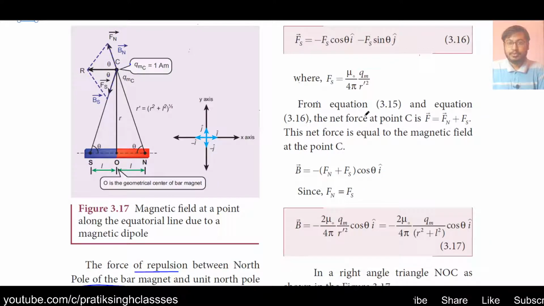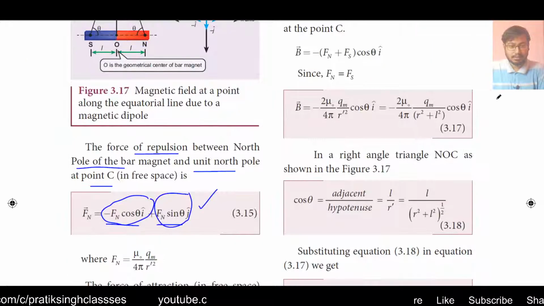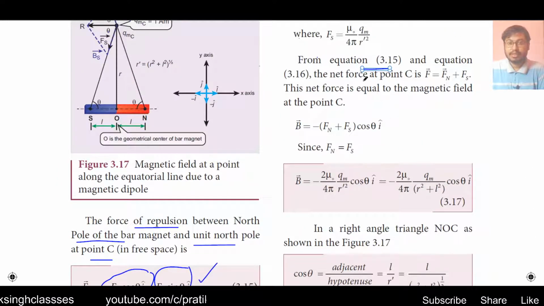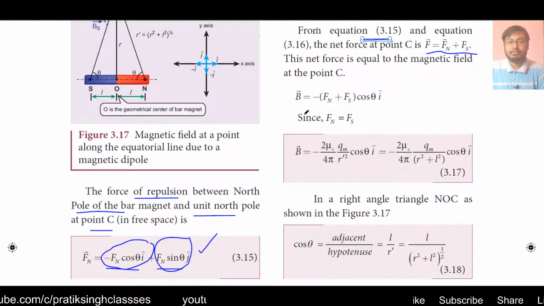Now from equation 3.15, which we have already got, and 3.16, the net force at point C will be equal to the sum of forces because of the north pole and south pole of the bar magnet. So just add it. The total magnetic field is equal to minus Fn plus Fs cos theta i cap.